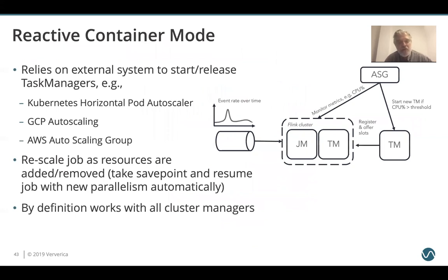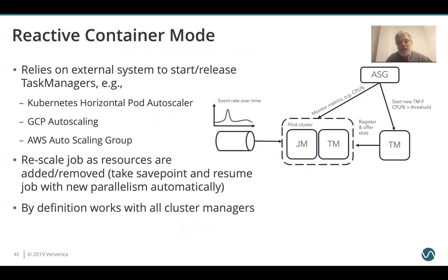The other approach to thinking about this is what we call reactive container mode. So this would rely on external systems to start and destroy task managers. Any one of these, something like the Kubernetes horizontal pod autoscaler, or the Google Cloud autoscaling, or the AWS autoscaling group, any of those have mechanisms to describe the kind of scaling behavior you want to have.